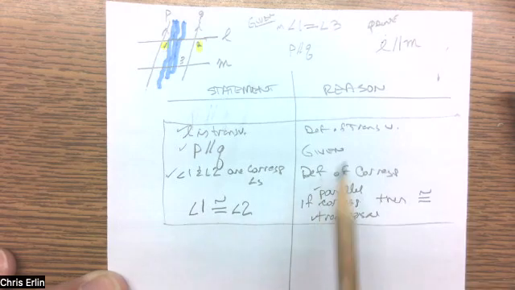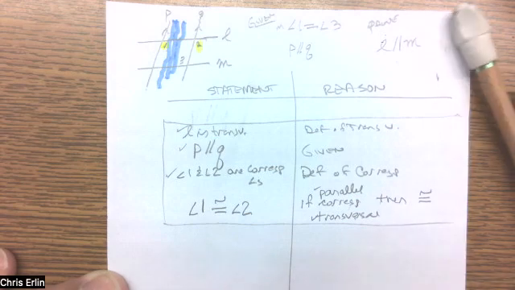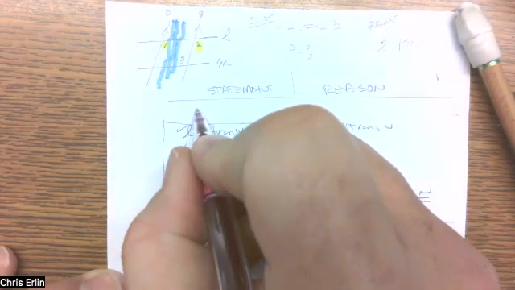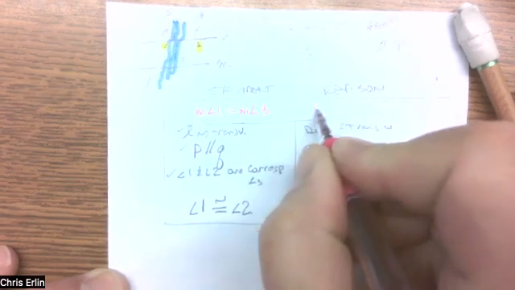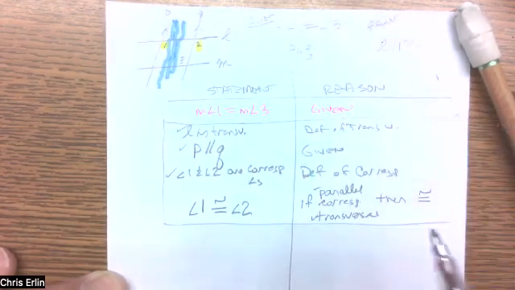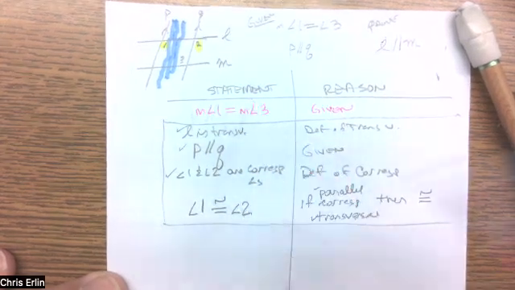Now, this chunk was all about building this fact. The other fact we were given was that the measure of angle 1 is equal to the measure of angle 3. With these 2 pieces of information, can you combine them?